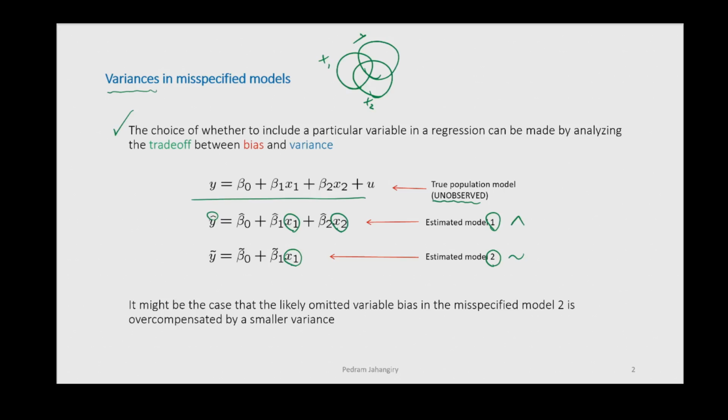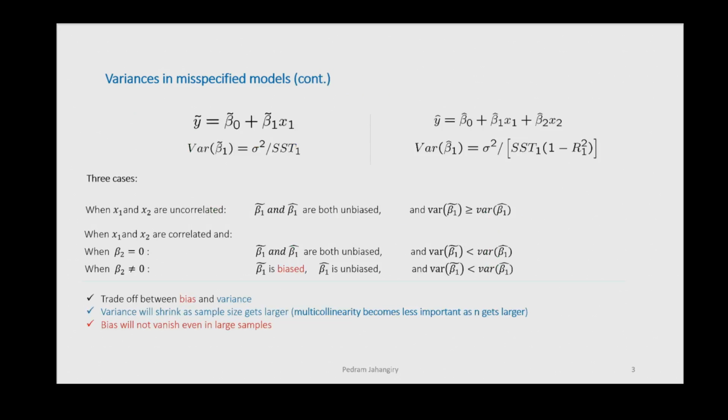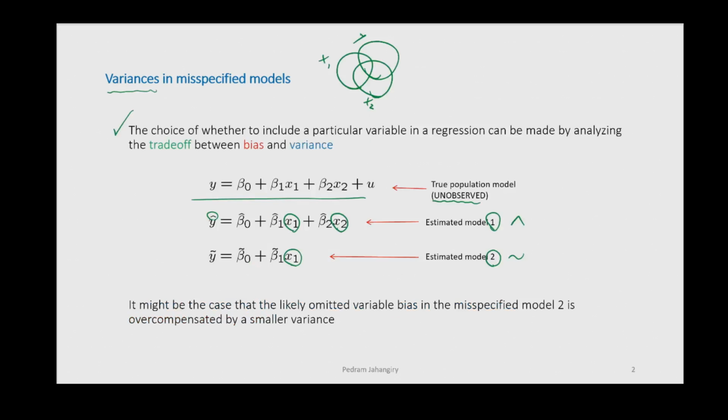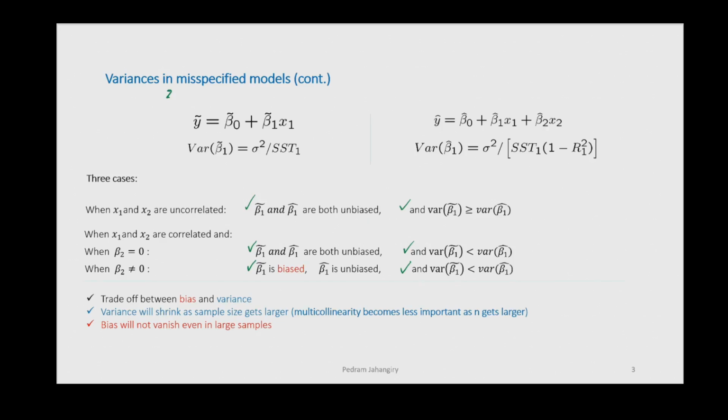Now, here's the exercise. I want you to look at this slide and make sure that you can answer and double check all these statements. On the left, we have model number 2, and we show everything with tilde.